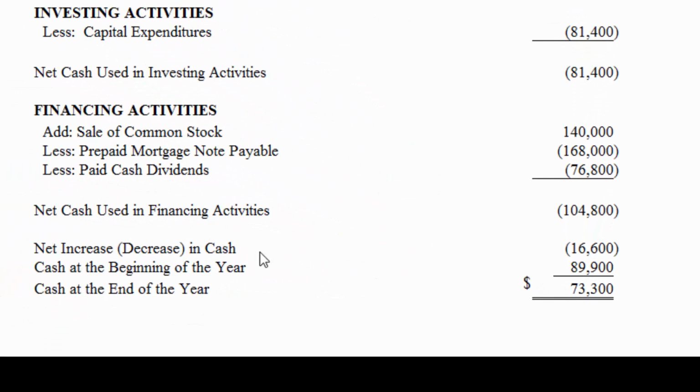Whenever you see a phrase like this, net increase, parentheses, decrease in cash, that means if it's an increase, it'll be a positive number. If it's a decrease, it'll be in parentheses. Here it's in parentheses, so we know it's a decrease. Our cash at the beginning of the year was 89,900. It goes down by 16,600 to give us 73,300.